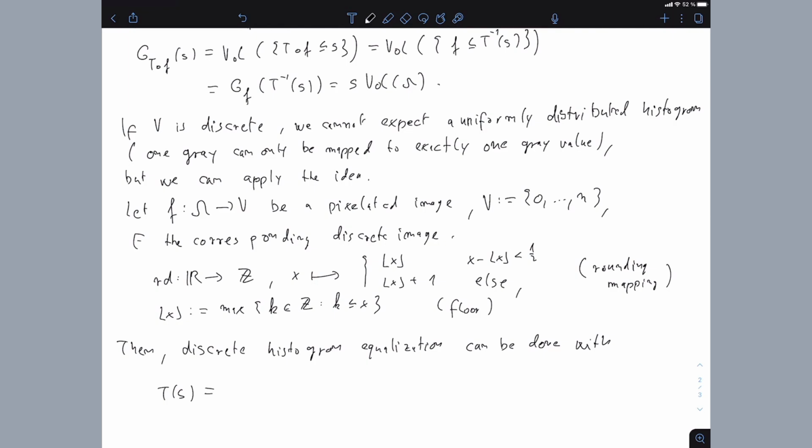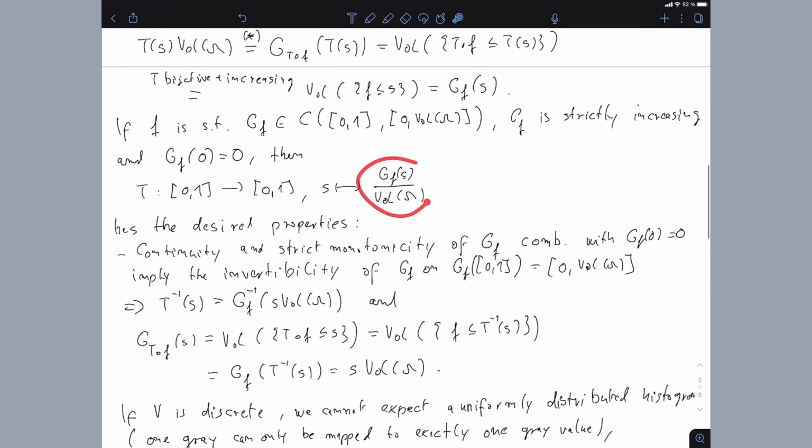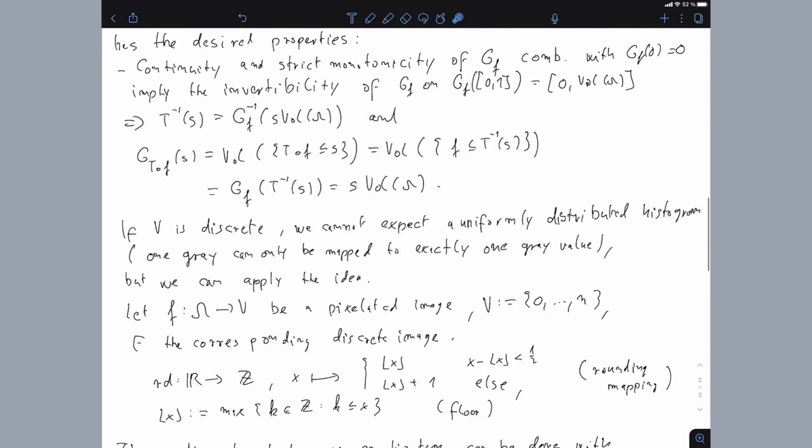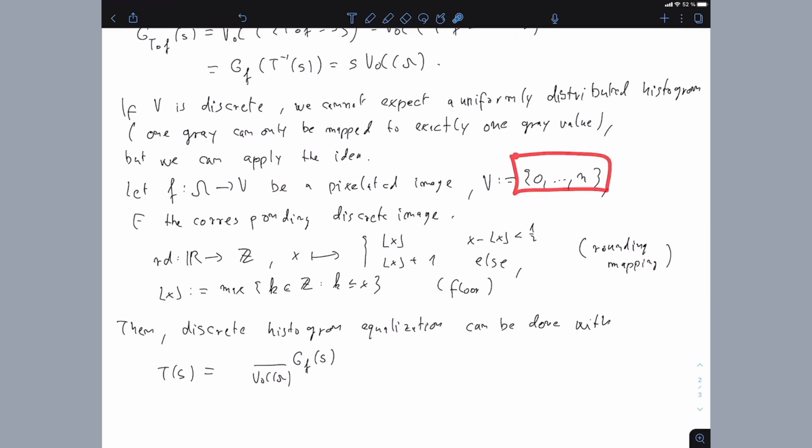We start exactly like our theory suggests. We take the CDF divided by the volume. That is exactly what we found here as the formula for our T. Now we make two small adjustments. This T had the value range 0 to 1. But now our values are discrete from 0 to n. So we rescale this 0, 1 to 0 to n.